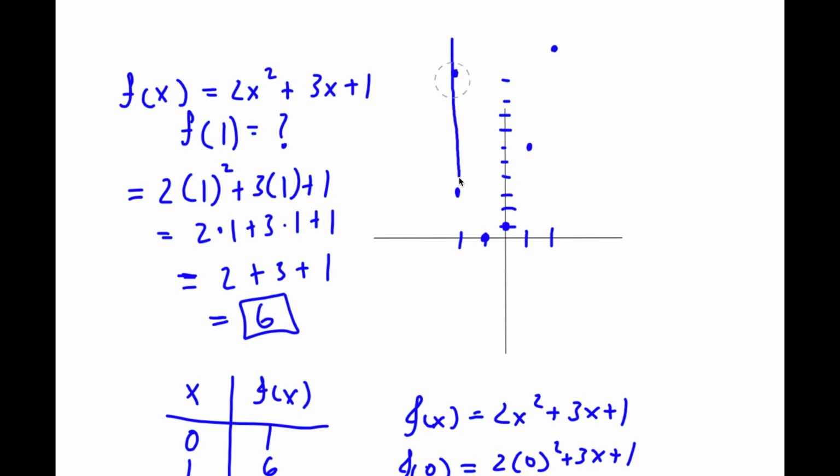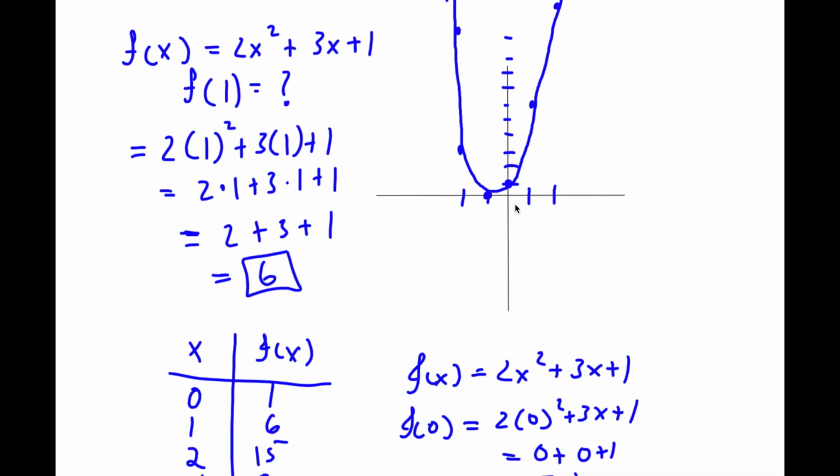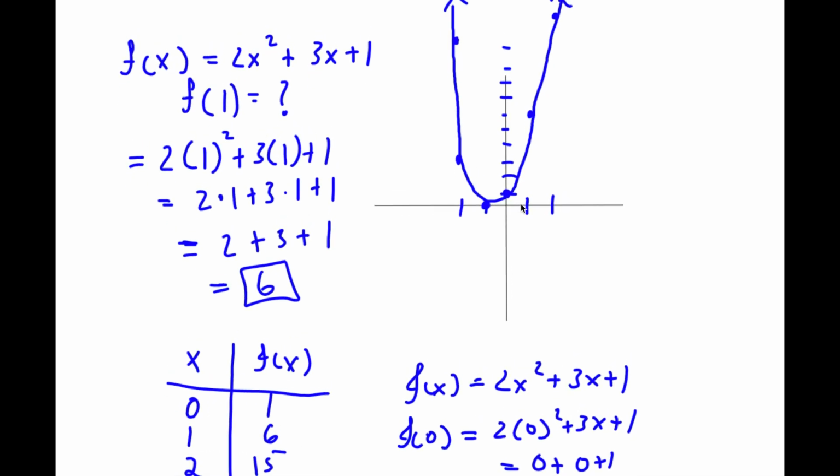So if I connect our points, I would have something like this. And now, let's say we want to find f of -1. What is this equal to?